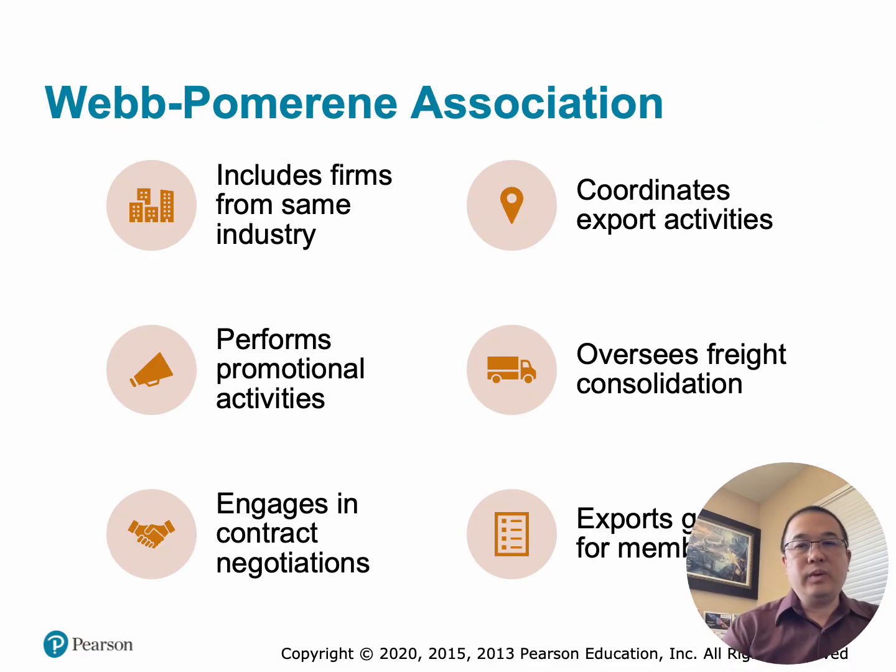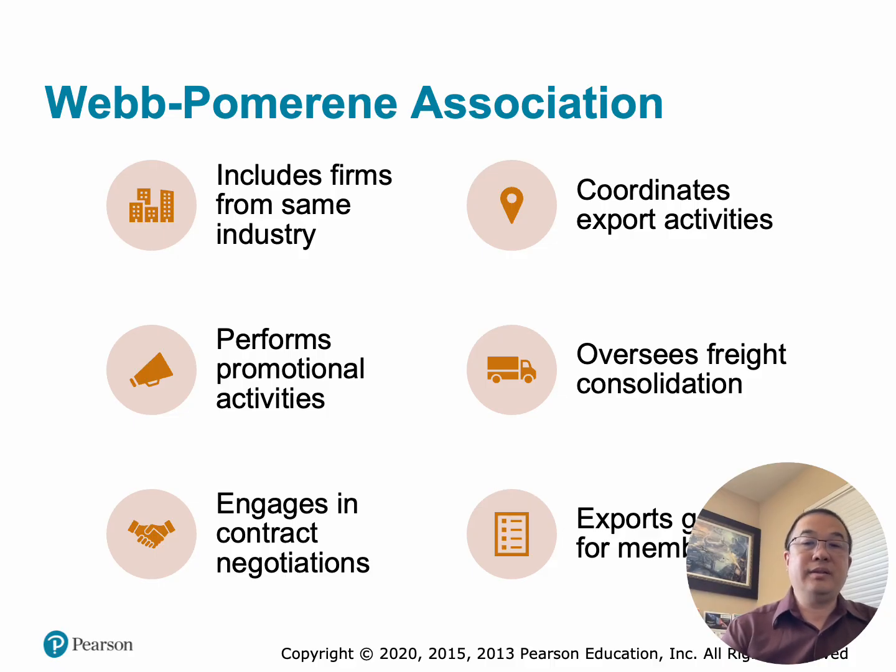So this explains the Webb-Pomerene Association, which is a special type of export organization that allows competing firms within the same industry to work together when selling products internationally. The Webb-Pomerene Association is a group of companies from the same industry that cooperate to promote exports.